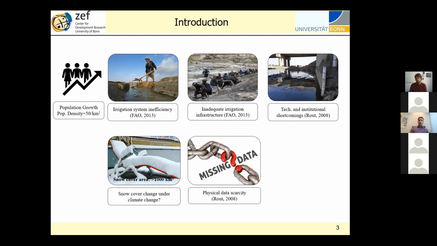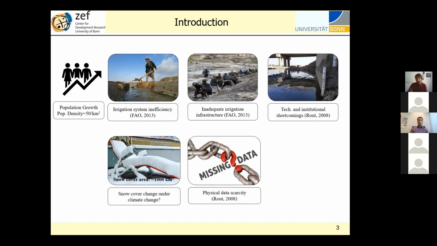To address these changes and come up with sustainable planning initiatives, we always need data, ground data from the field, which is also missing. There has been considerable loss from 1979, when the Soviet invasion took place in Afghanistan, till 2001, when the Taliban were in rule.